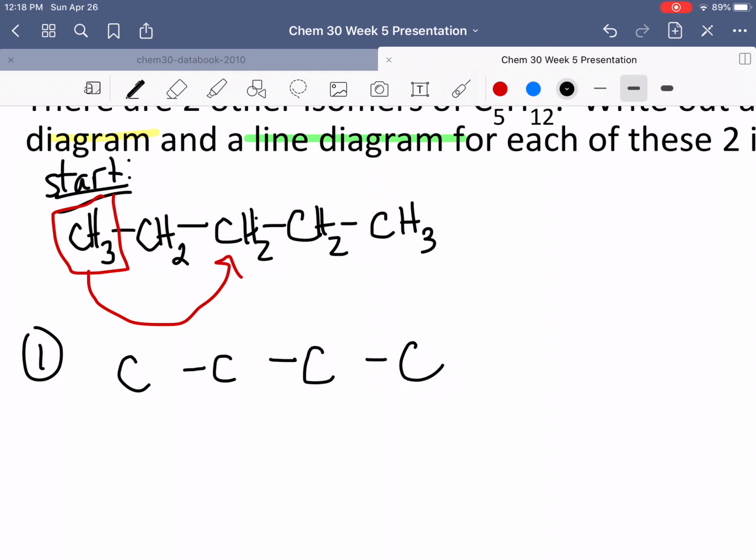There's those 4 carbons. Remember, I moved that first one onto here. So I still have 5 carbons, but this is distinctly different. At the beginning, it's one lovely straight line. Down here, I can't make a straight line between those 5 carbons anymore. There's a bend in there that can't be straightened out. It's not like a string that I've squished all up, and when I straighten it again, it's perfectly straight again. I can't with this.